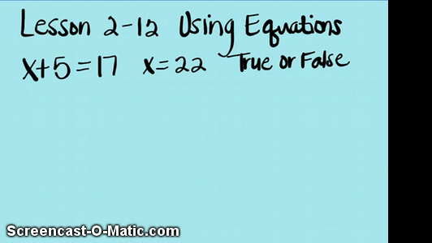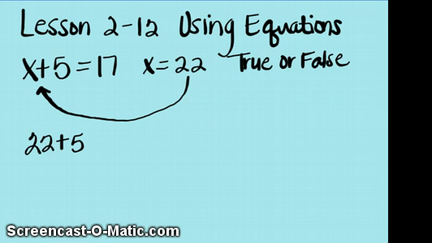Okay, so to solve that problem, you're simply going to take the 22 and put it into the problem and solve it. So that means I would have 22 plus 5 equals 17. If I work this side of the problem, I'm going to end up with 27.